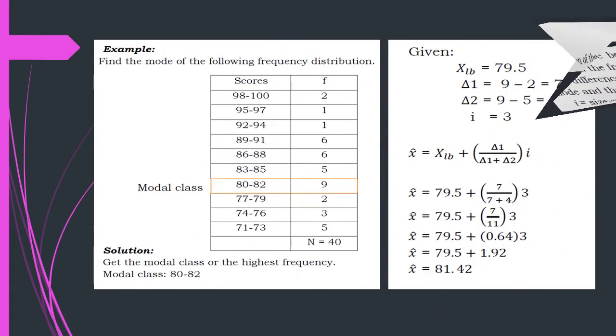For example here, find the mode of the following frequency distribution. Our modal class here, as you can see, is 80 to 82, which has a frequency of 9.